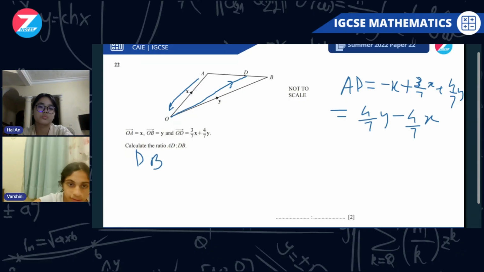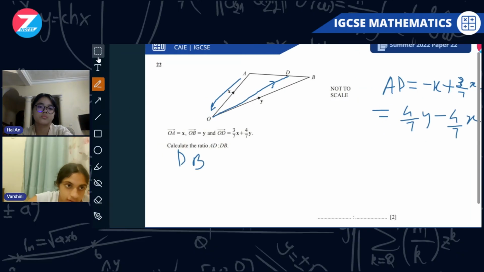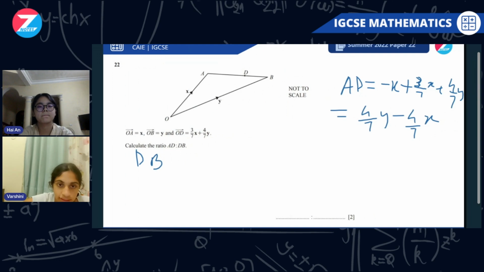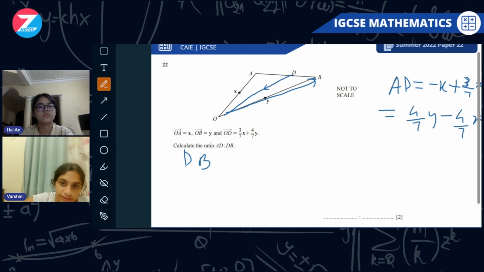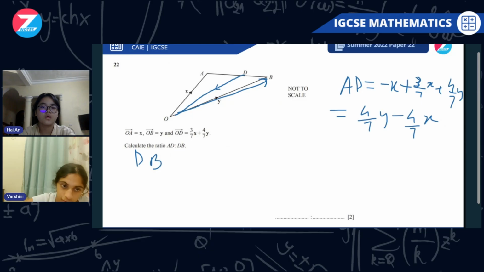Let me clean up this vector. To find DB, we have to go downwards from D to O first, and then back upwards from O to B. First, to go downwards, we have to find DO.